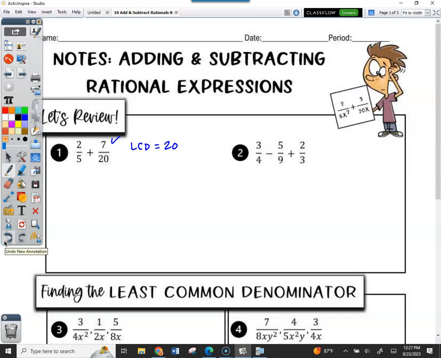If I want 2 over 5 to become something over 20, what does the 5 need to be multiplied by? 4. So to keep it at a 1, it would be 4 over 4. And that would give me 8 over 20 plus 7 over 20, and then I can add to get 15 over 20, which is what?